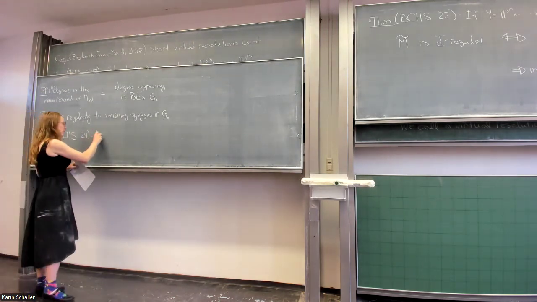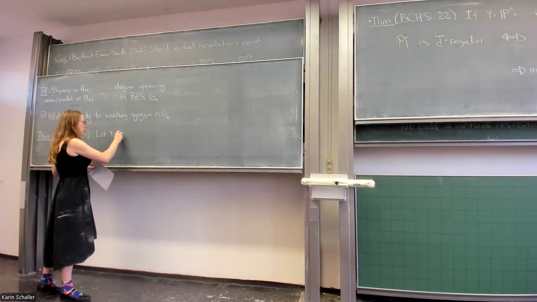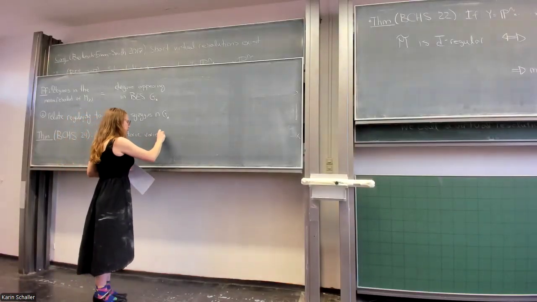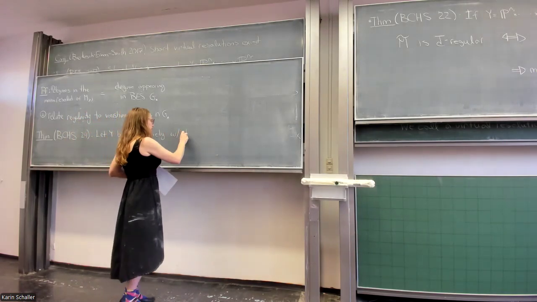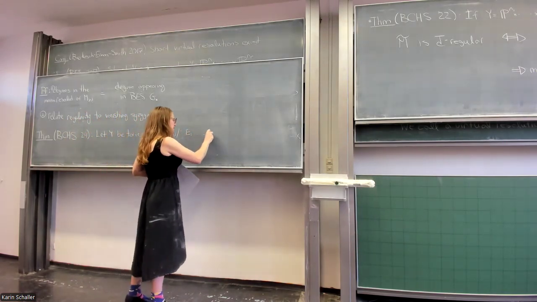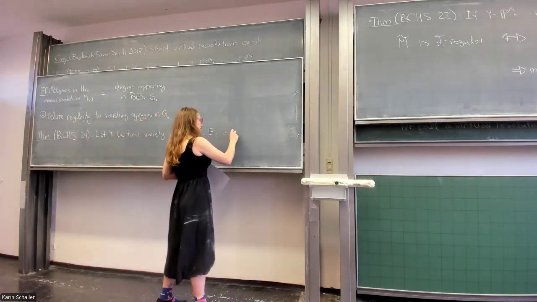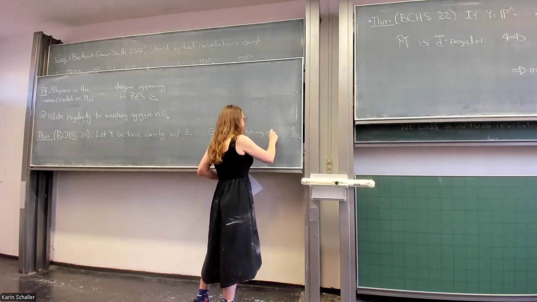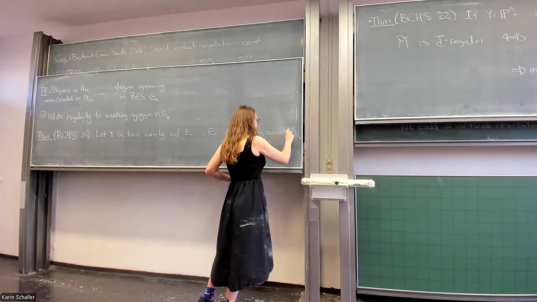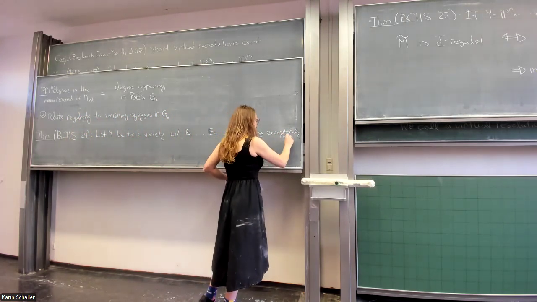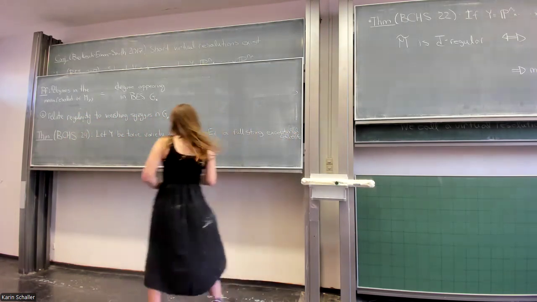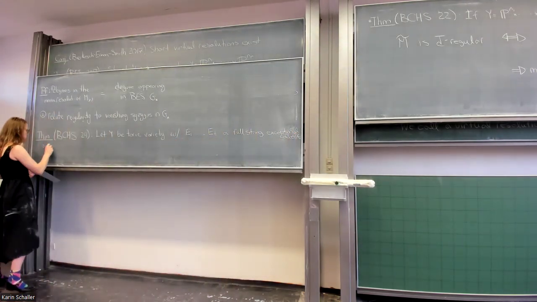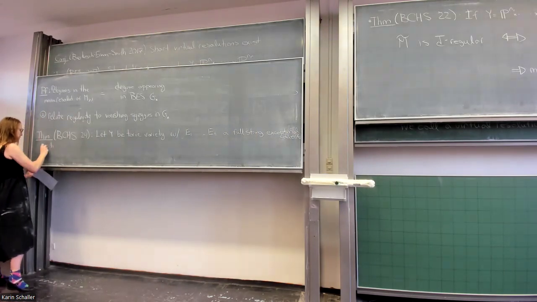So let X be a variety with E_1 through E_T a full strong exceptional collection. Line bundles, so some line bundles generate the derived category in a nice way.